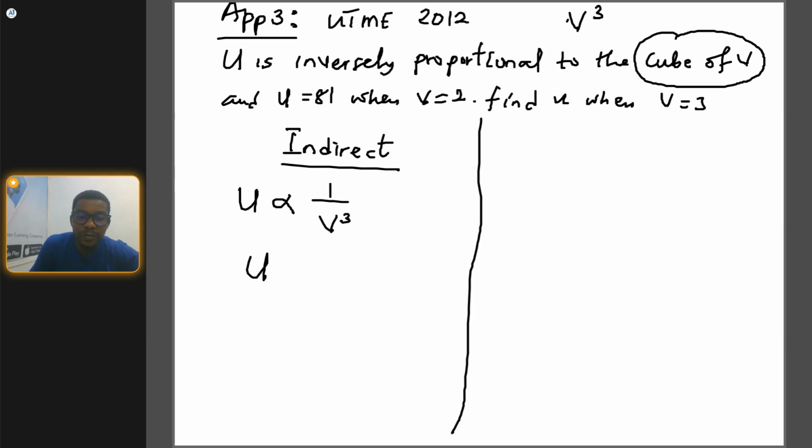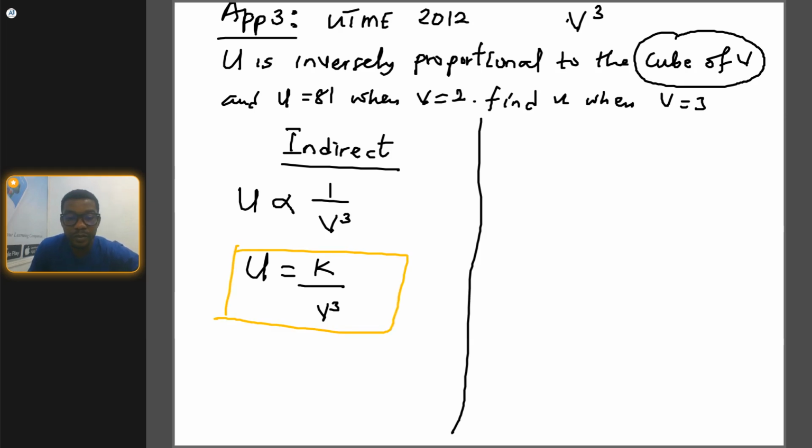U will now be equal to k over v raised to power 3, and this happens to be the relationship. Now we need to get the value of k. So if u is 81 and v is 2, let's get the value of k.